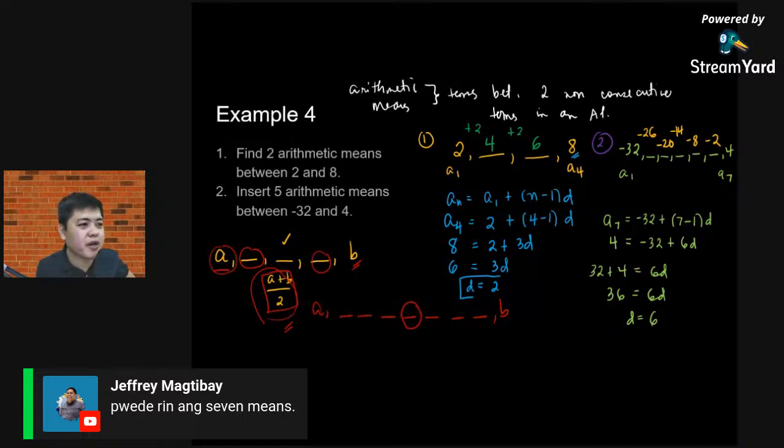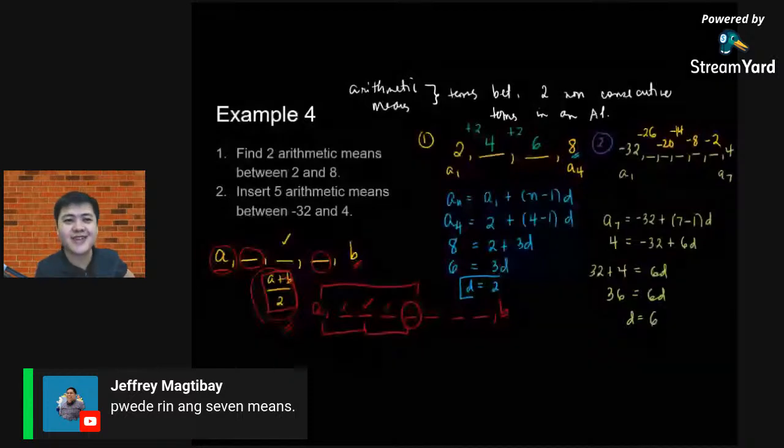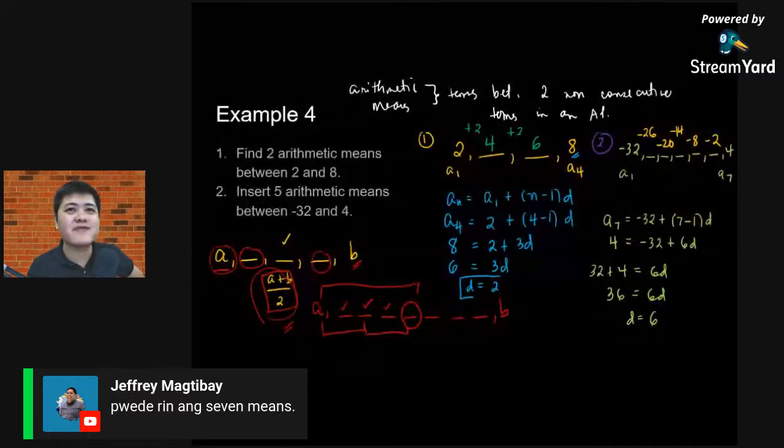Tapos, pag kinuha natin naman yung average ng ito at saka ito, ang makukuha mo naman to. Tapos, kunin mo yung average nito para makuha mo naman tong kabila. And then, get the average of this one to get this one. And then, do the same thing on the other side. Okay? Yan. Thank you, Sir Jeff.